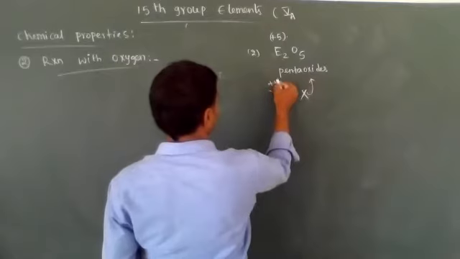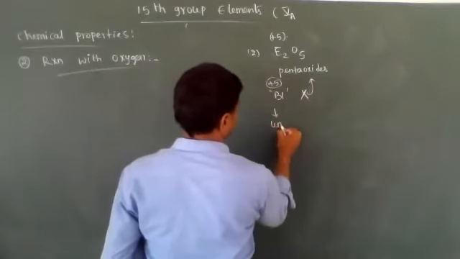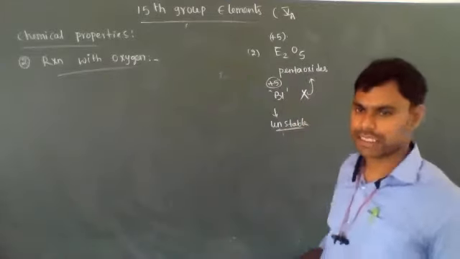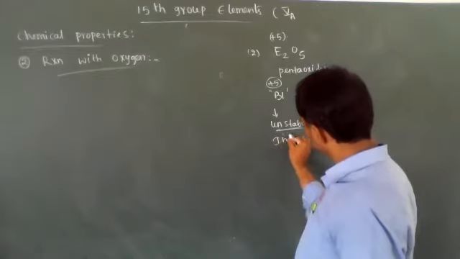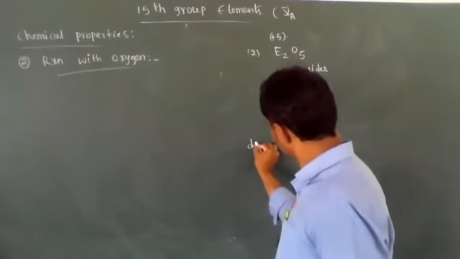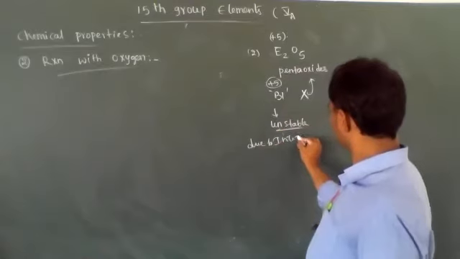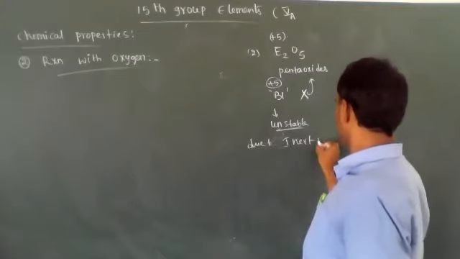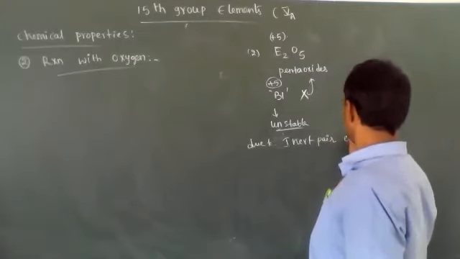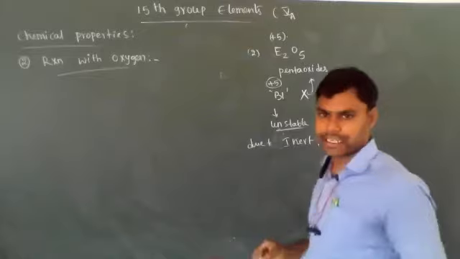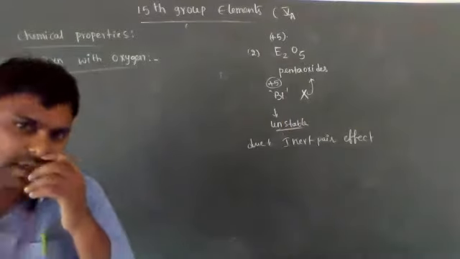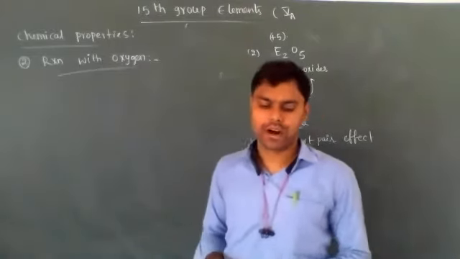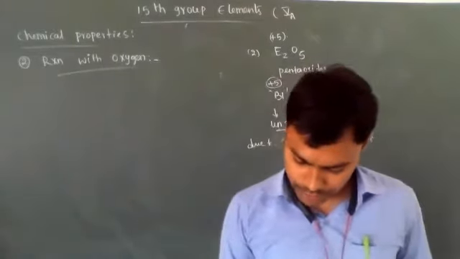In bismuth, the +5 oxidation state is unstable due to the inert pair effect. Due to the inert pair effect, bismuth does not form pentoxides. Mostly it forms trioxides only. So this is about oxides and their properties.